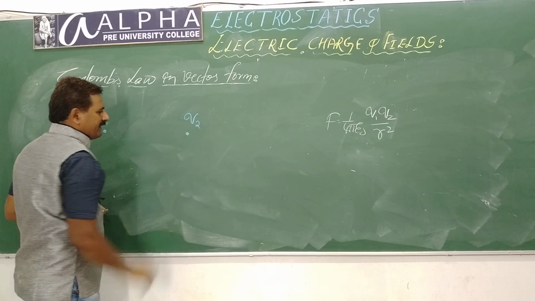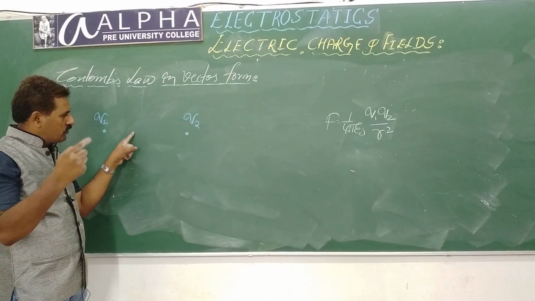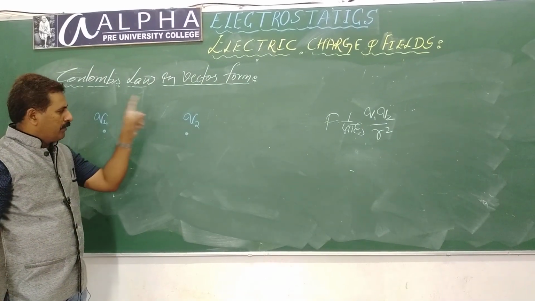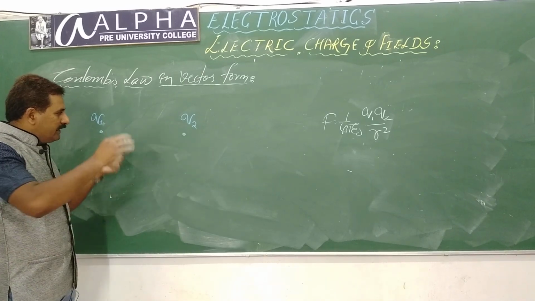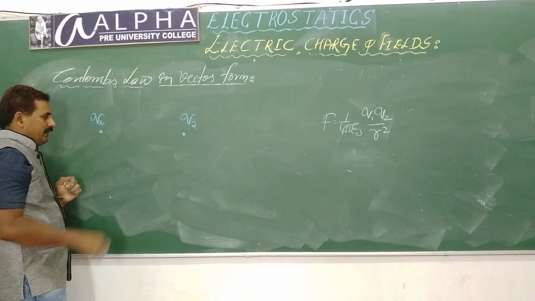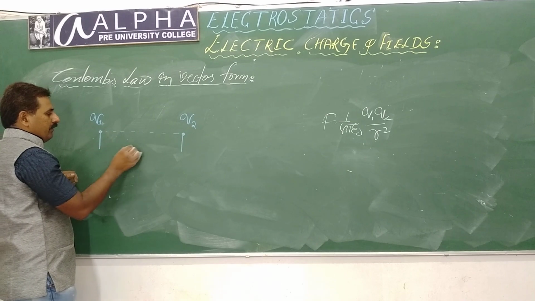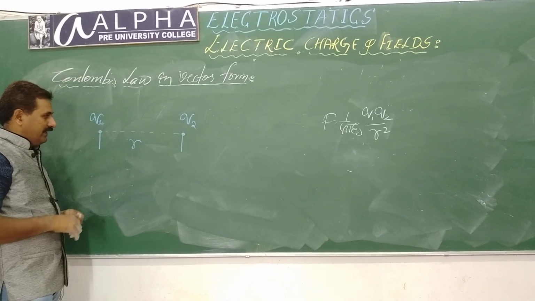Whenever I use the word charge, it may be positive or negative, both may be like or unlike. For all the situations, we need one expression. Let us suppose the separation between the charges is R. This is what we did in the last discussions, right?